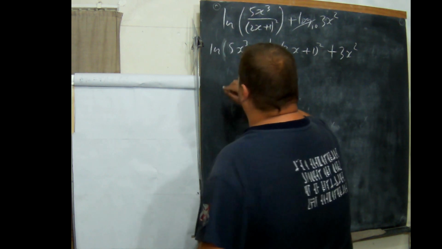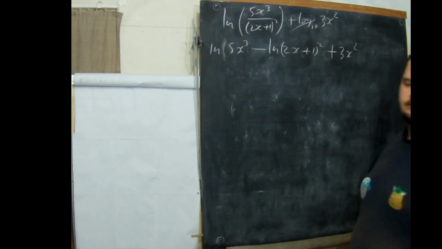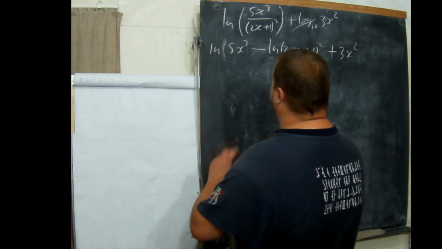Now this will be the chain rule, which is an outer-inner rule.